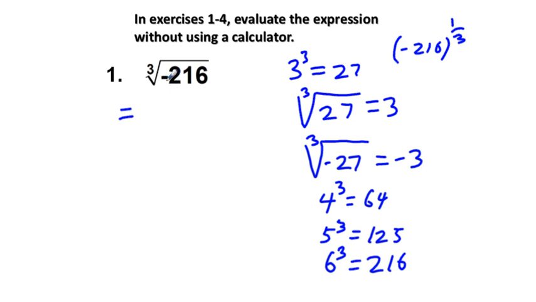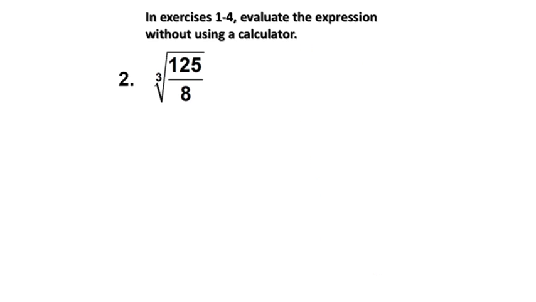So the cube root of negative 216 is going to be negative 6. Negative 6 times negative 6 is 36, and 36 times negative 6 is negative 216. So this will be our answer to problem number 1.